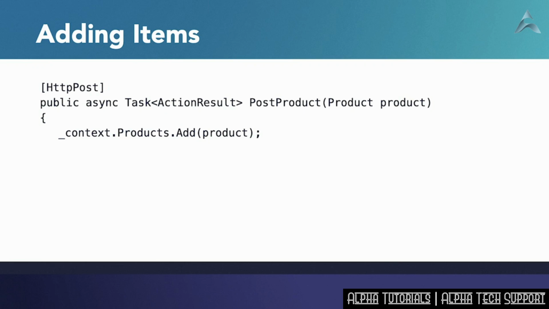We have to call save changes, and since we're using an asynchronous method, we're using the asynchronous save changes call here and have to await it before we are at the end of the method where we need to return something. So the method is of type task of action result, and therefore we could just return HTTP 200 OK.